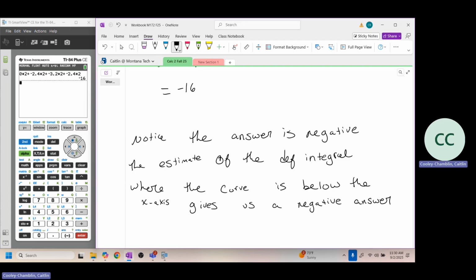So that negative is giving a position. So the estimate for the area is 16. The estimate for the integral is negative 16, because when we're looking at definite integrals, when we're looking at area below the x-axis, we give a negative to give a position.